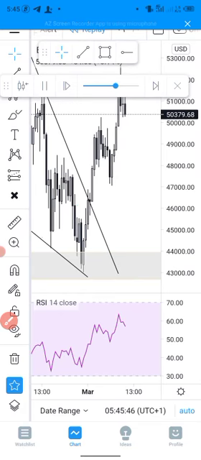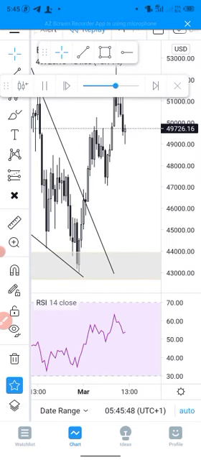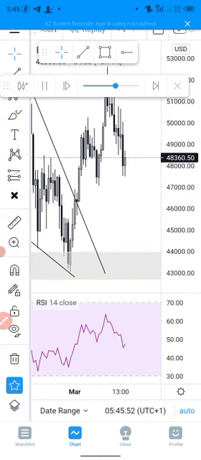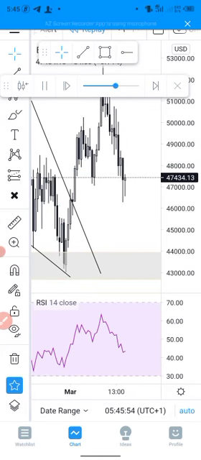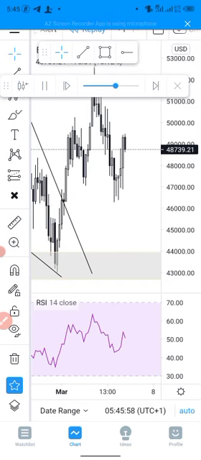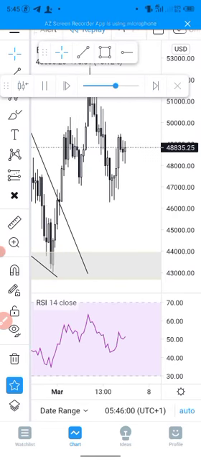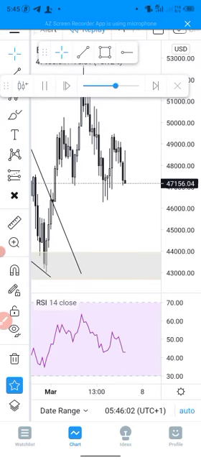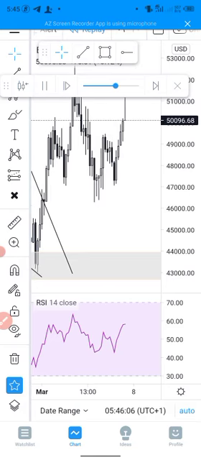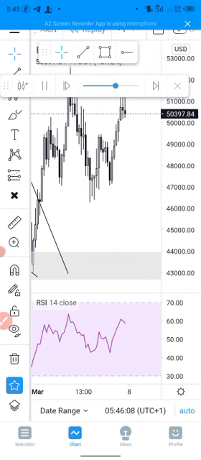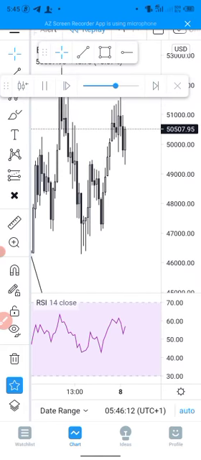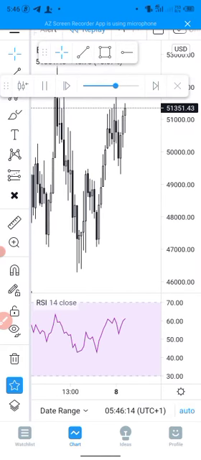You see, since then, if you have entered the market since then, the market has not even given us back. You see that since that break of structure on that side, the market has been going upward and upward and upward.